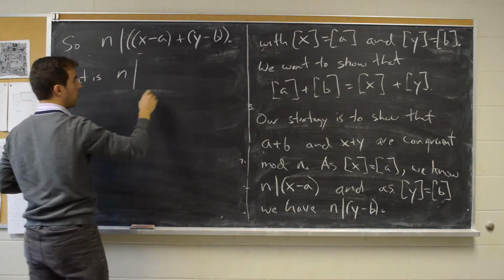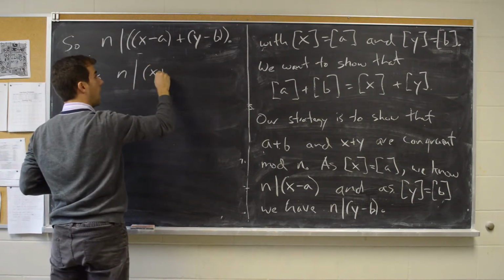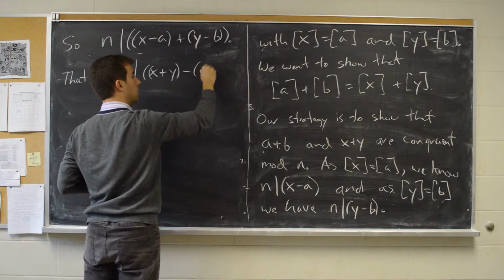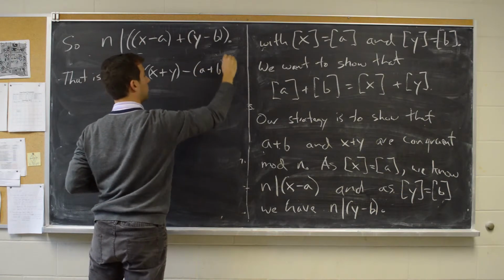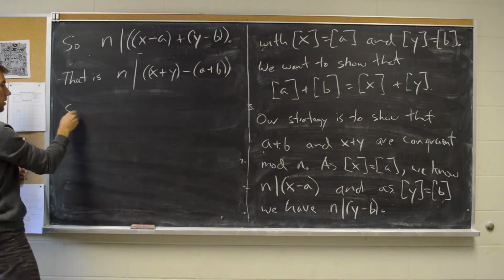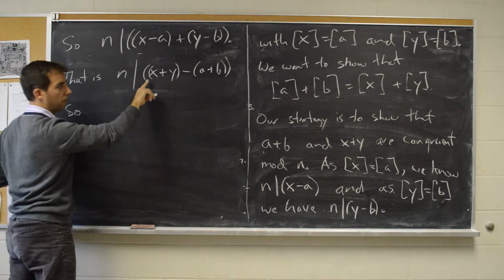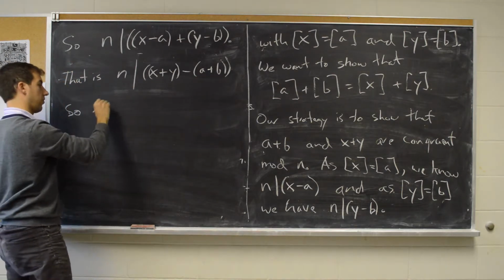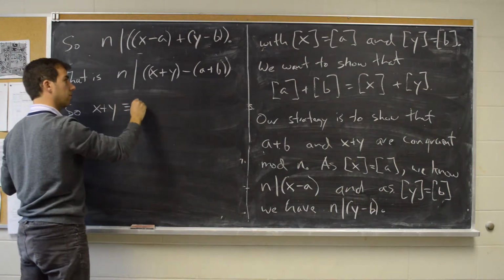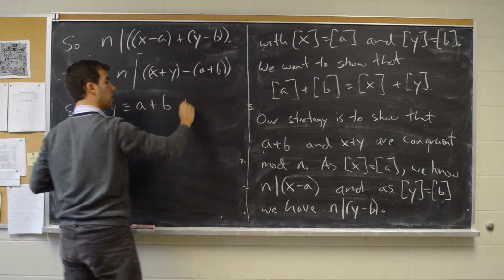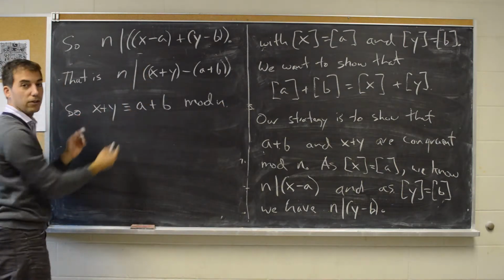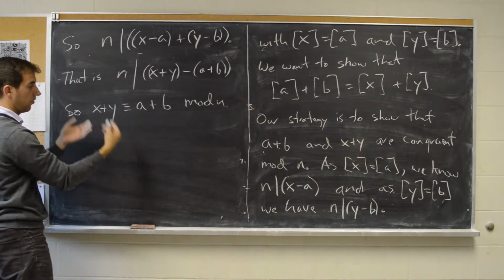And rearranging this sum, I can write that as x plus y first, and then minus a plus b. And reading this off, this is one number minus another number, is divisible by n. That is saying that x plus y is congruent to a plus b modulo n. That's saying that these guys live in the same congruence class.